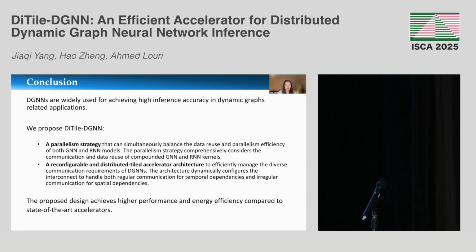And we also propose a reconfigurable and distributed tile accelerator architecture to efficiently manage the diverse communication requirements of DGNNs. The architecture dynamically configures the interconnect to handle both regular communication for temporal dependencies and irregular communication for spatial dependencies. The proposed design achieves higher performance and energy efficiency compared to the state-of-the-art accelerators.